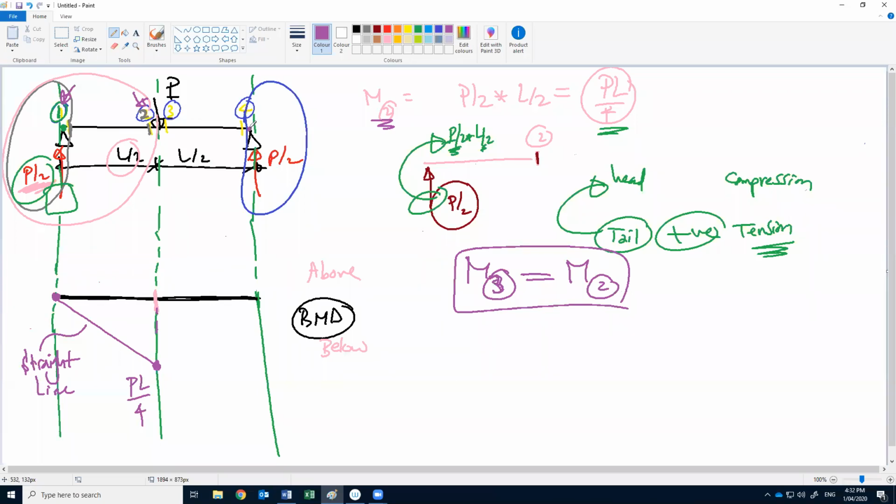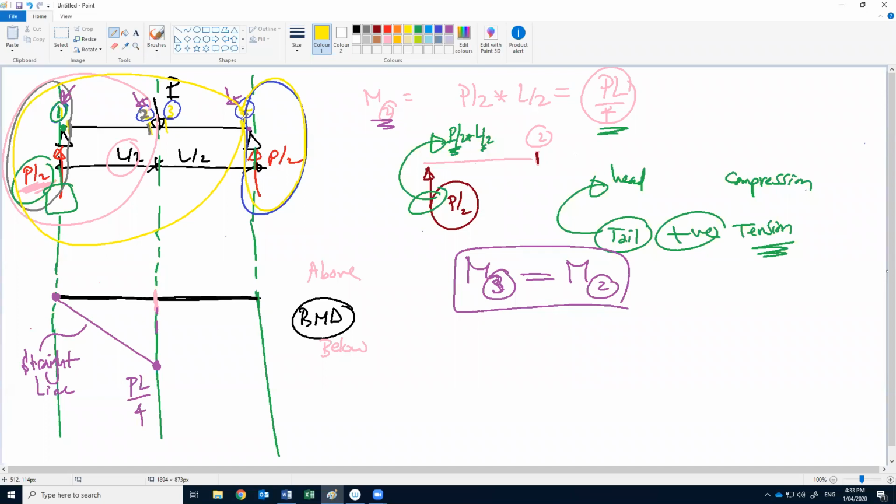Now we go to M4. What is the moment at 4? Do you have any idea? We don't have to calculate from the right, because if we calculate from the left here, it is 0. We have two forces on one side, and from the other side it is very easy and simple, because we have only one force.